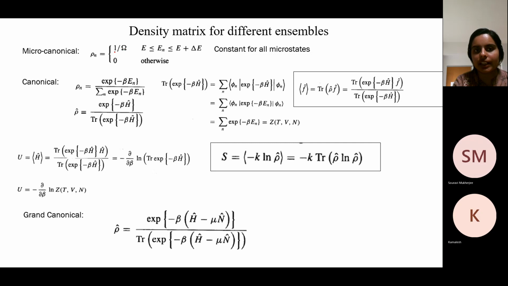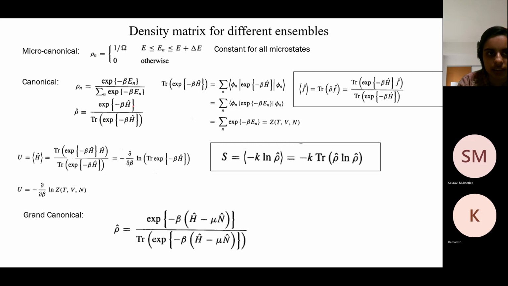That is 1 by sigma. So in this case each term of the density matrix will be a constant, 1 by omega. That is the matrix representation of the microcanonical phase space density that we had seen initially.